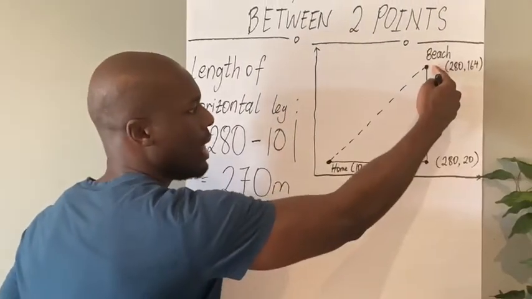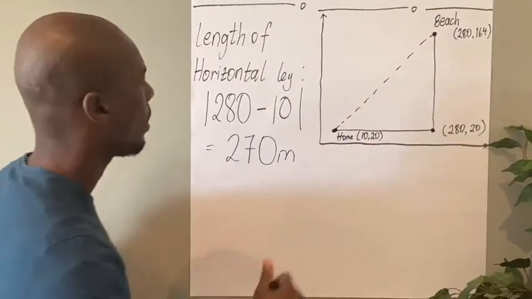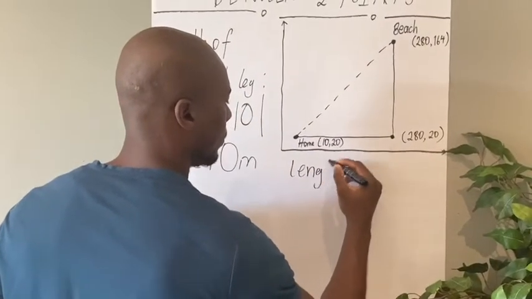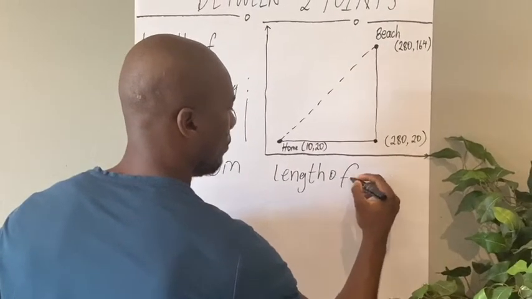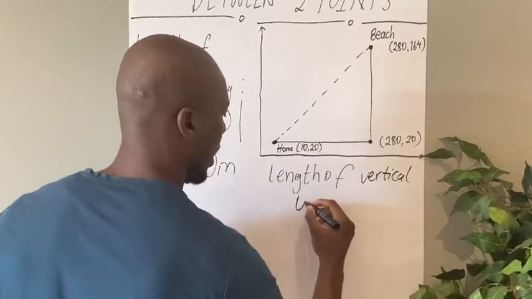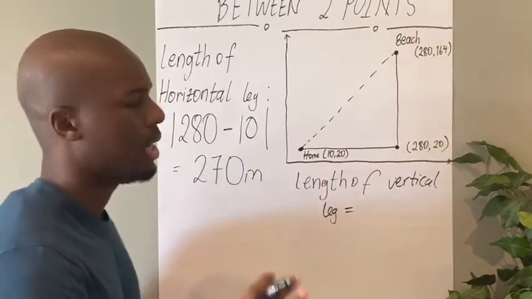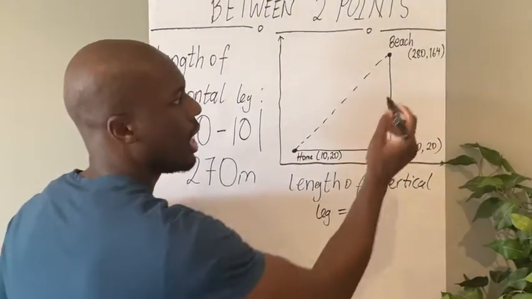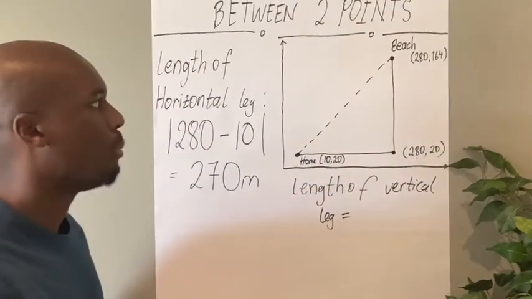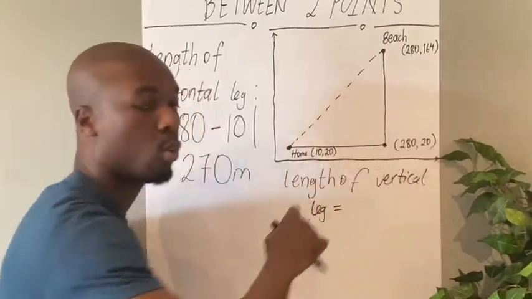Now, to find the length of the vertical leg, this is what I'm going to do. The length of the vertical leg is also simple. Since the x coordinates are the same, I'm going to find the difference between the y coordinates.